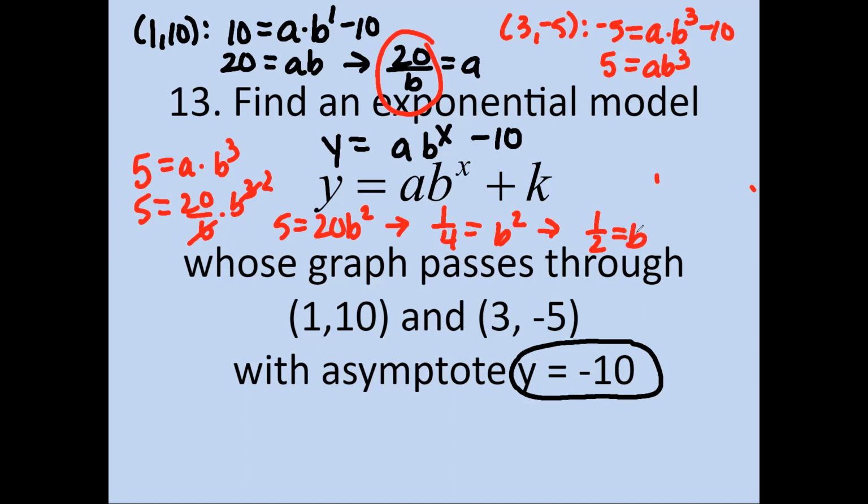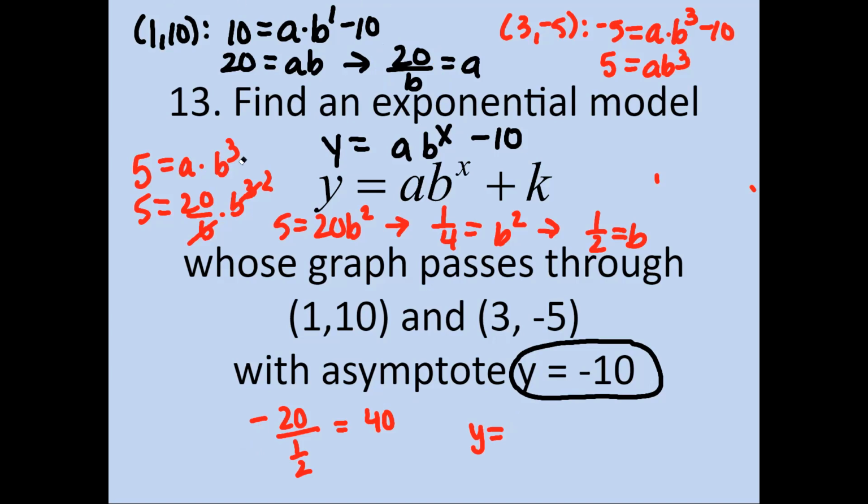Then I need to find my a. So I'm going to go 20 over b, which is 1/2. And 20 divided by 1/2 is 40. Sorry, this wasn't y equals, this was a equals, because I was using this equation up here for a.